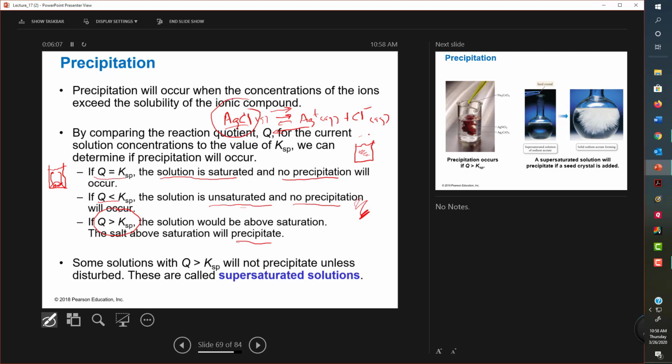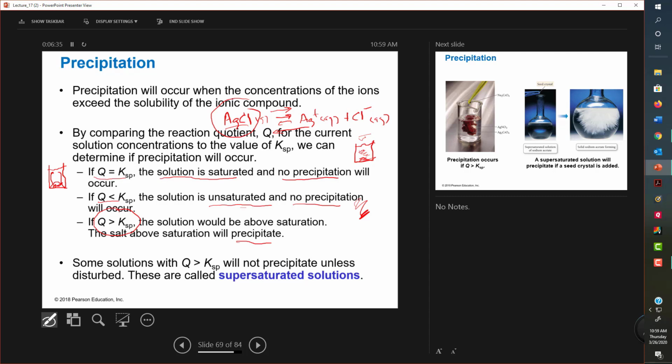Now, when you add some more solute, if it sinks to the bottom and you stir it up and it doesn't go away, then you know you were at a saturated point. But if you add more and then this dissolves, then you are still an unsaturated solution. So just keep that in mind, that you can't tell the difference between saturated and unsaturated until after you add some more and see what goes on.